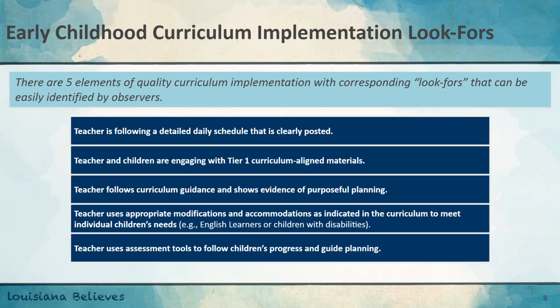Teacher follows curriculum guidance and shows evidence of purposeful planning. Teacher uses appropriate modifications and accommodations as indicated in the curriculum to meet individual children's needs. For example, English language learners and children with disabilities. Teacher uses assessment tools to follow children's progress and guide planning. So all of our look-fors will fit under those 5 elements.